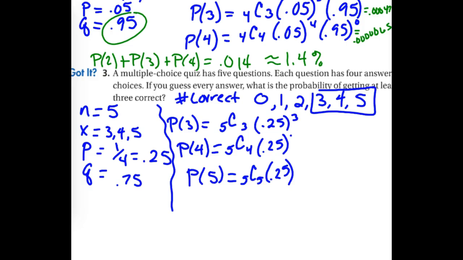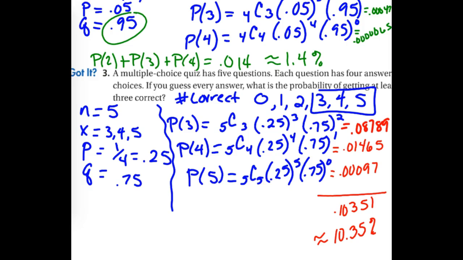Next option, we want 4. Last, we want all 5. Probability of failing, 0.75. There'd be 2 failures if we got 3 of them correct. In our next one, we would have 1 failure, and in our last one, we have no failures. So again, I'm going to pause the recording, let you guys calculate those.